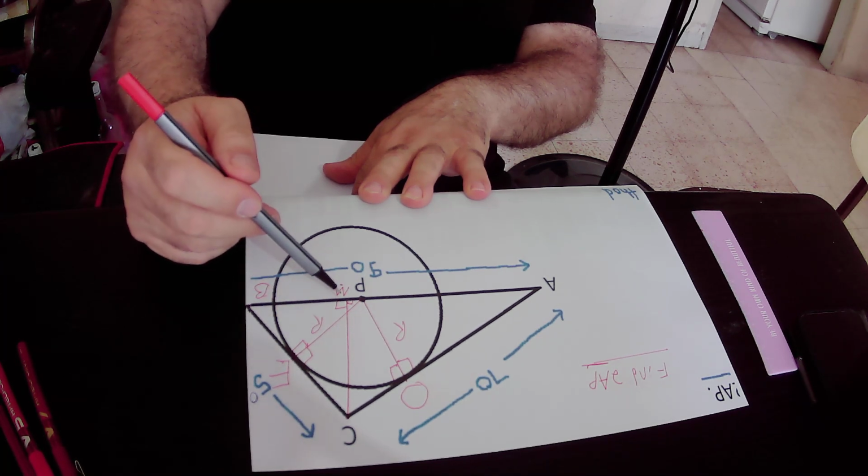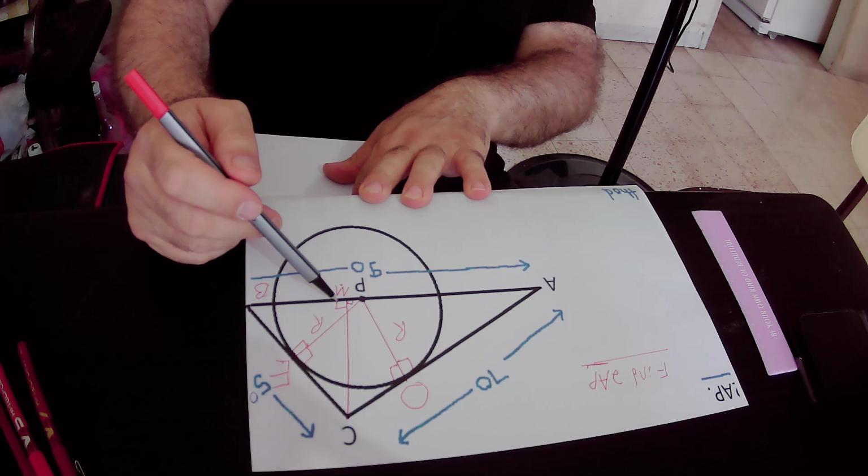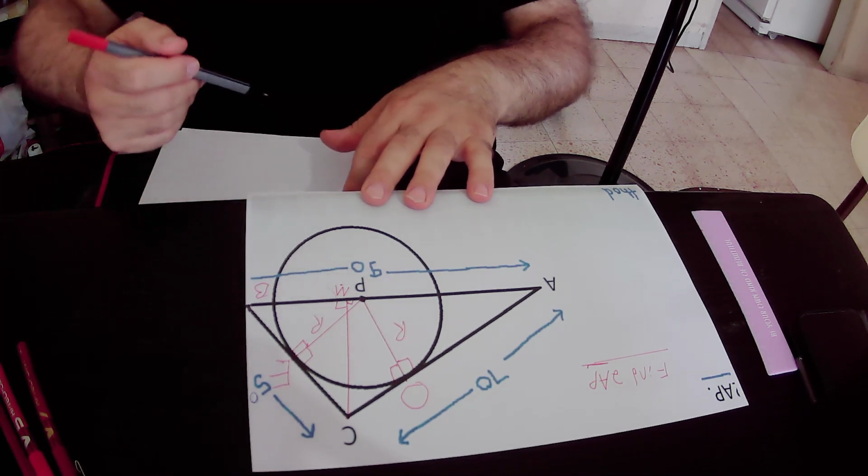BCM is also a right triangle, and this is the fourth right triangle that we created in the drawing.